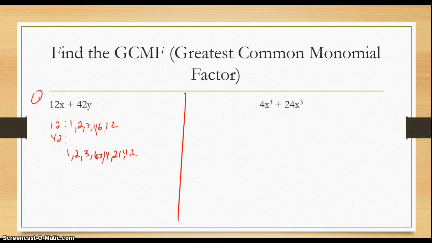So here are my factors of 12 and 42. Now I'm going to find the greatest factor that they have in common, and it looks like the greatest common factor that they have is 6.